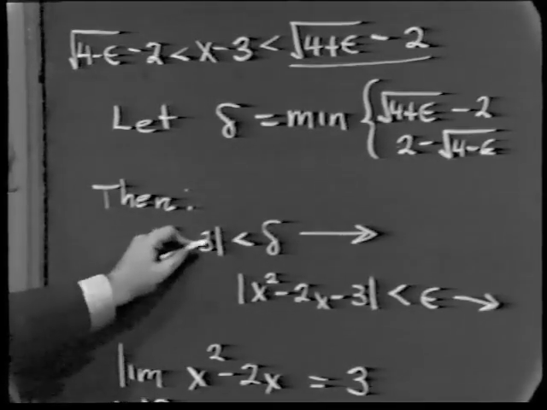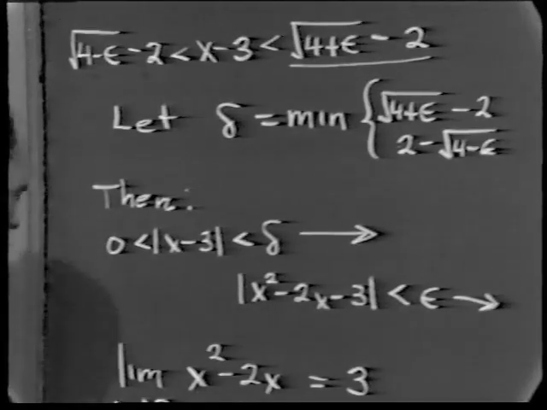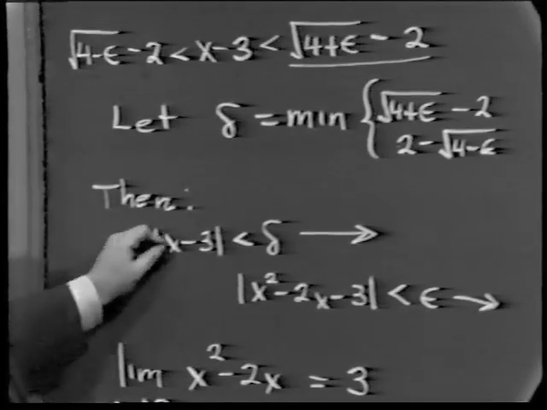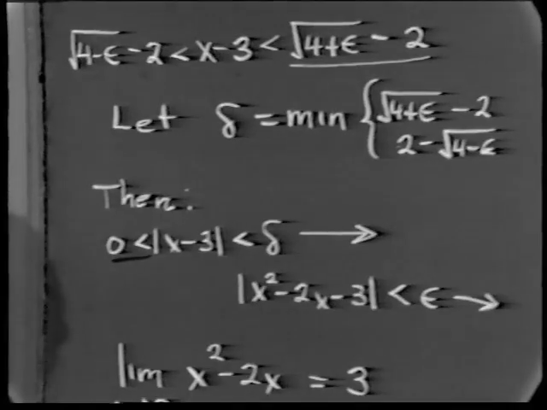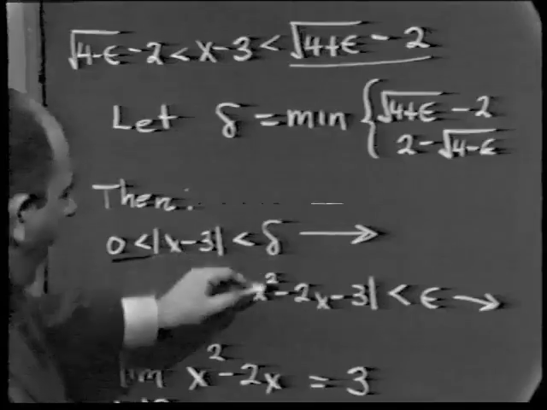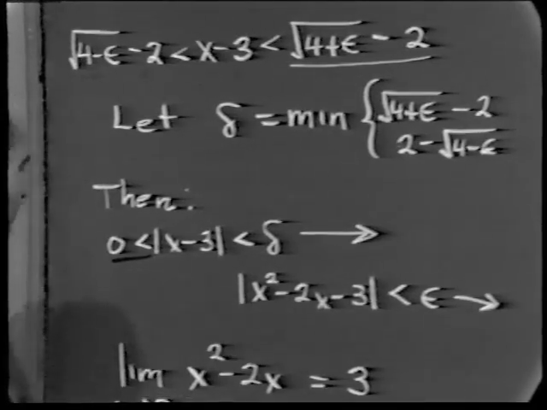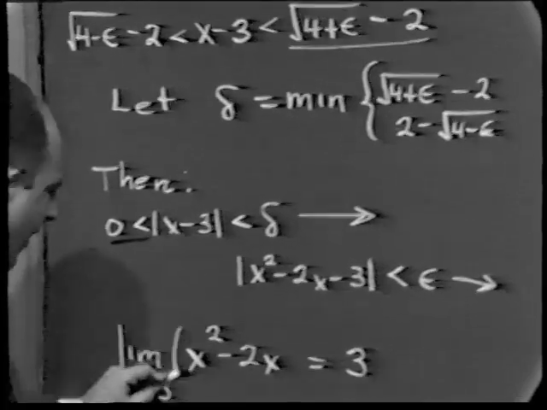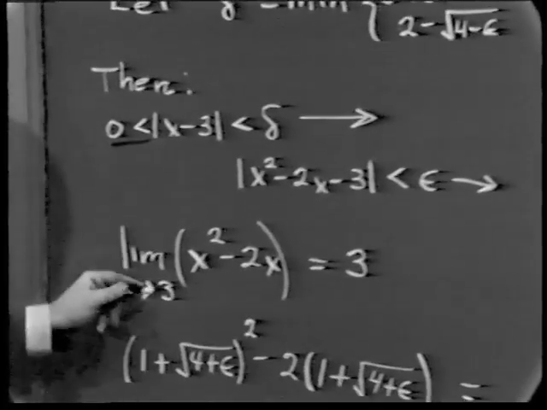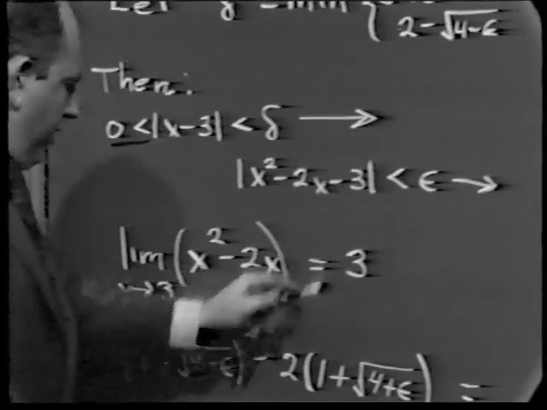That when the absolute value of x minus 3 is less than delta, and at the same time, this is crucial, greater than 0, in other words, we never let x equal 3, for this choice of delta, by how we work backwards, this will come out to be less than epsilon. And that is exactly what we mean by our formal definition of saying that the limit of x squared minus 2x as x approaches 3, in this case, equals 3.